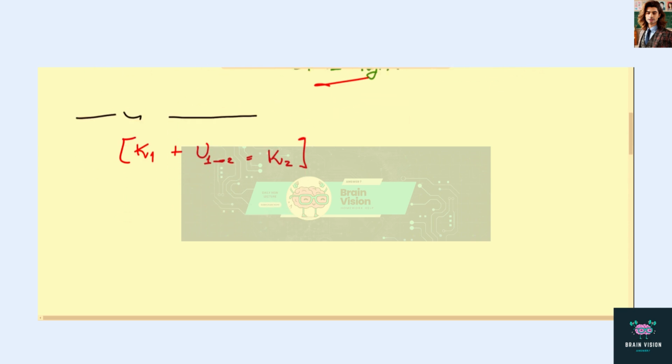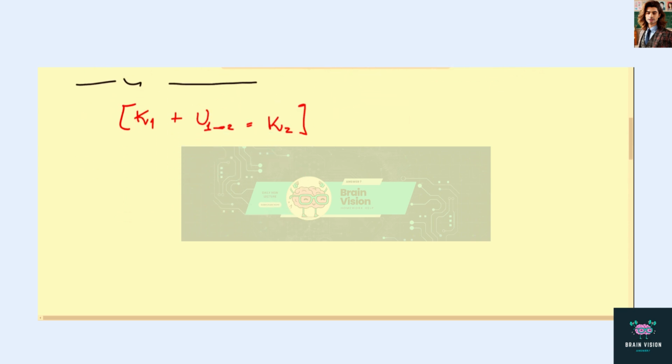So first of all, what is the kinetic energy in the first situation? It is just the kinetic energy of the gear A in the first position plus the kinetic energy of the gear B in the first position plus the kinetic energy of the gear C in the first position.